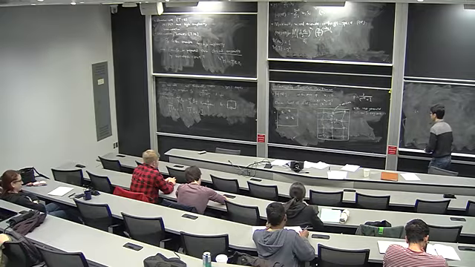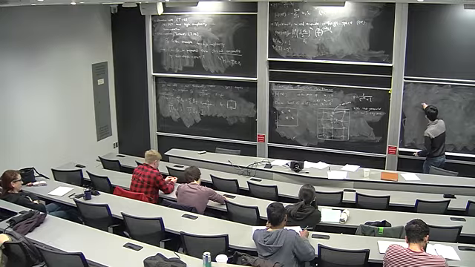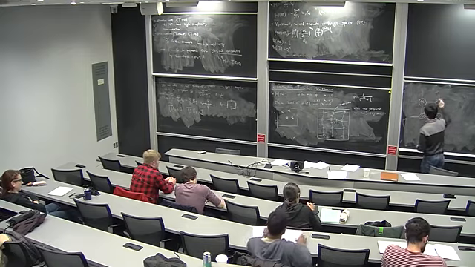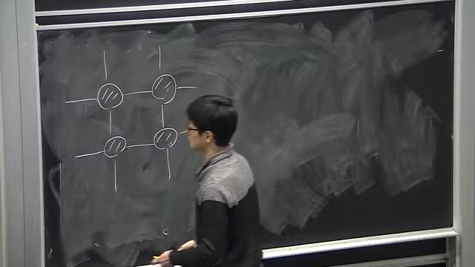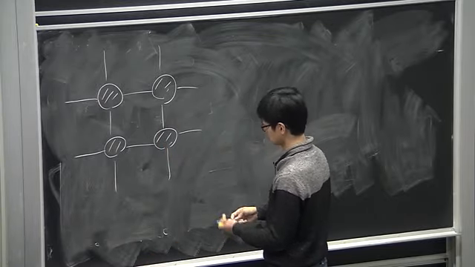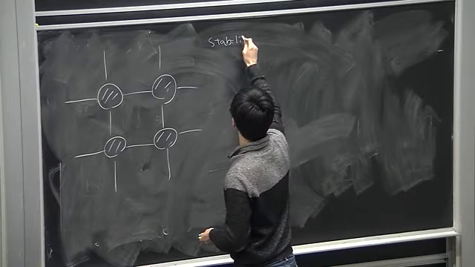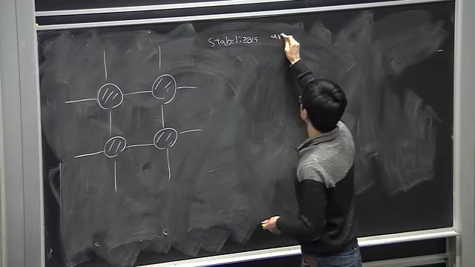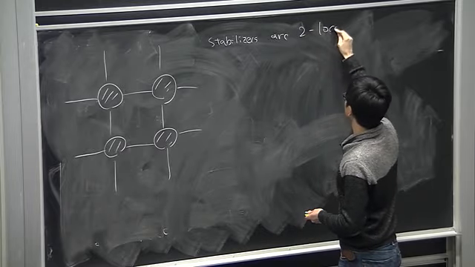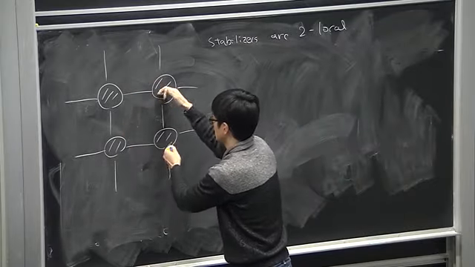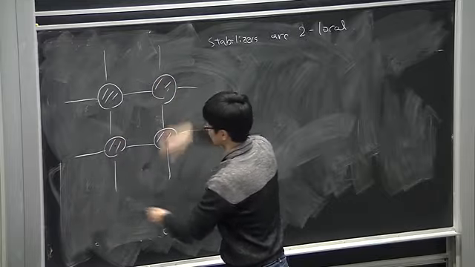Then my whole system looks like one big particle, one big particle, one big particle, one big particle, and the interactions are two local. So it acts like this, but there are no such non-local interactions.